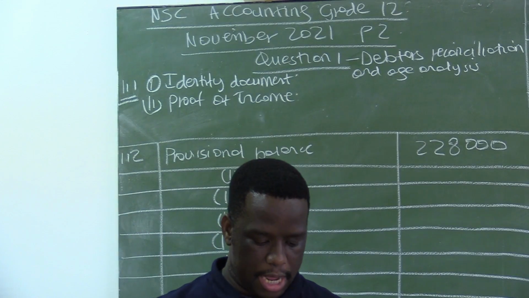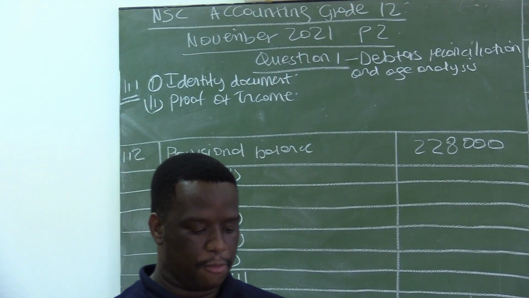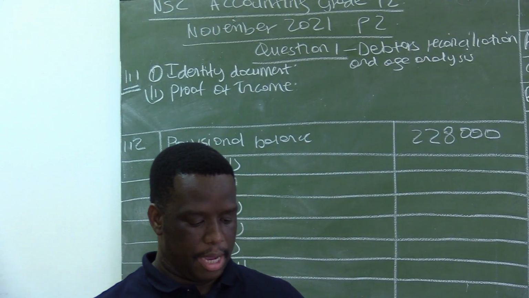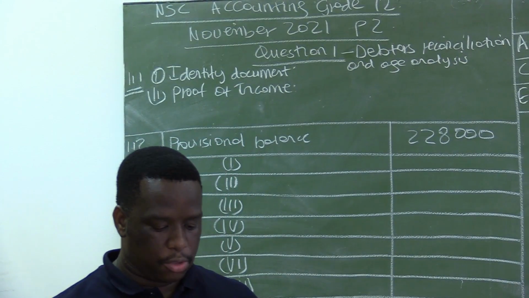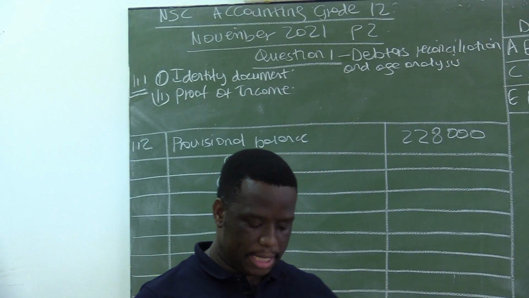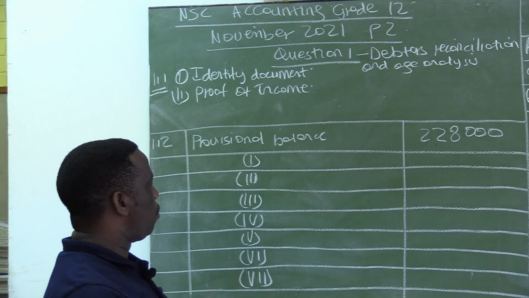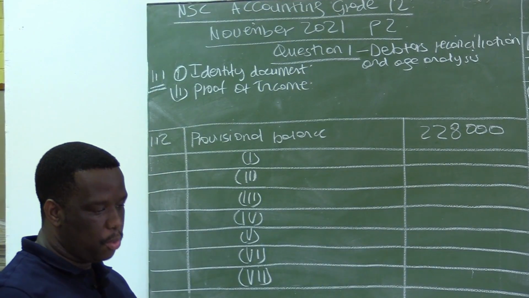Right, information A, we are told that the balance on the 30th of September 2021, before taking into account errors and omissions in information B, debtors control account, the balance is 228,000. This was given in the answer sheet.